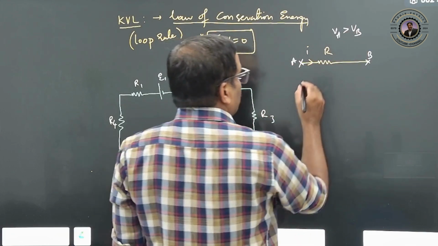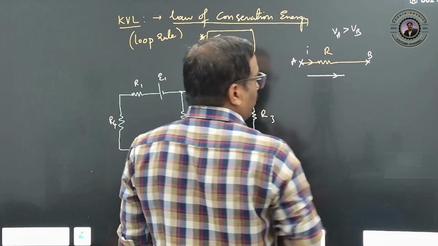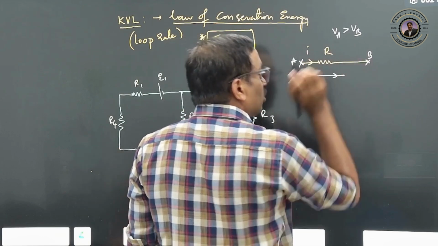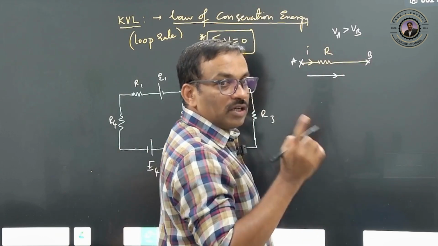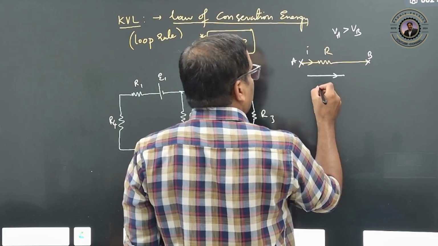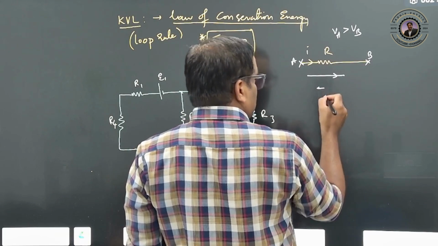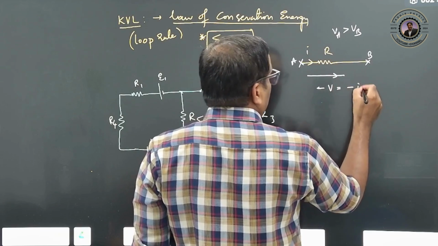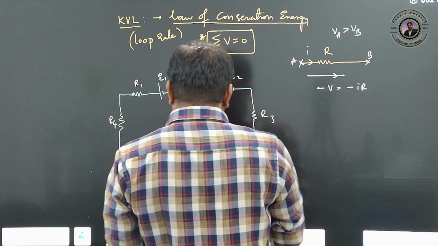Now suppose you are going from A to B: you are going from higher potential to lower potential, which means you are losing energy, so the potential difference is minus IR. Clear?